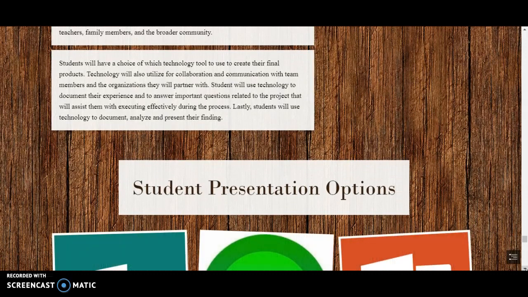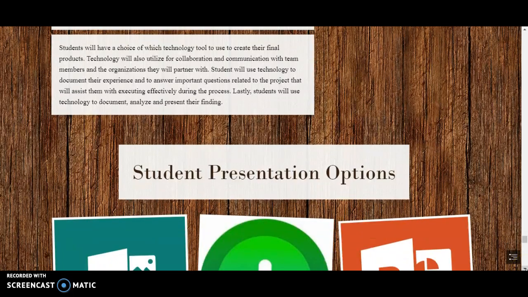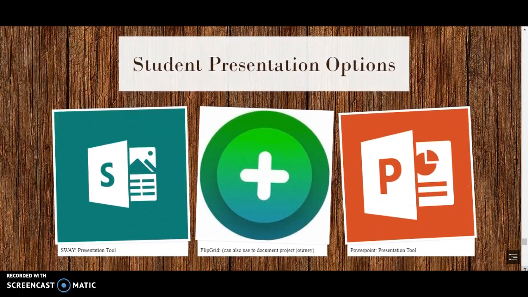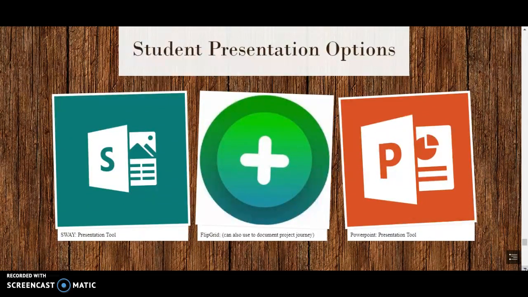Students had their choice of which technology tool to use to create their final product. All of these tools were ones that had already been presented to them, and they were already familiar with them. Those included Sway, which this presentation was created with.